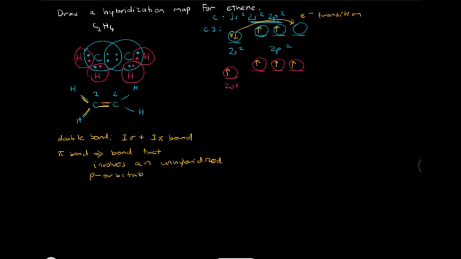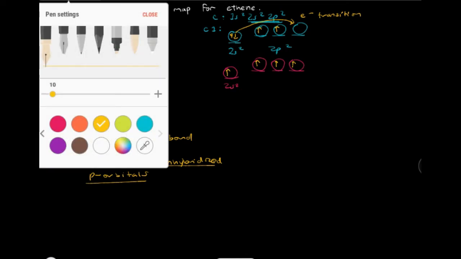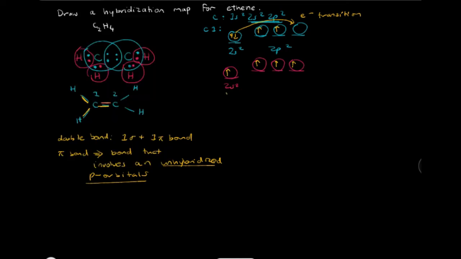Okay, pi bonds only occur with unhybridized p orbitals. So we need to reserve 1 p orbital for the pi bond. However, we need 3 sigma bonds. So because we need 3 sigma bonds and 1 unhybridized p orbital, we're going to hybridize these first 3.